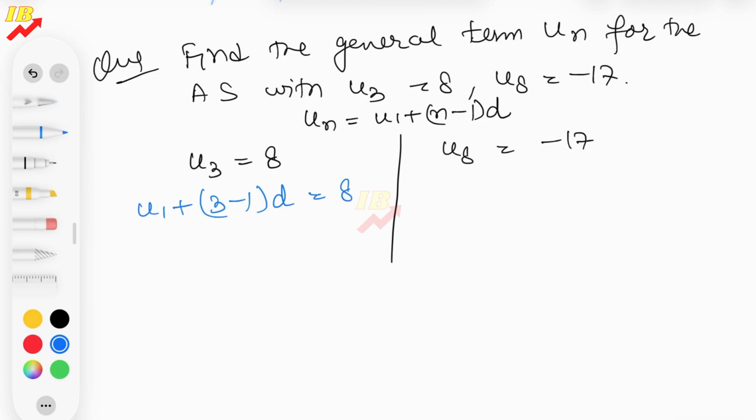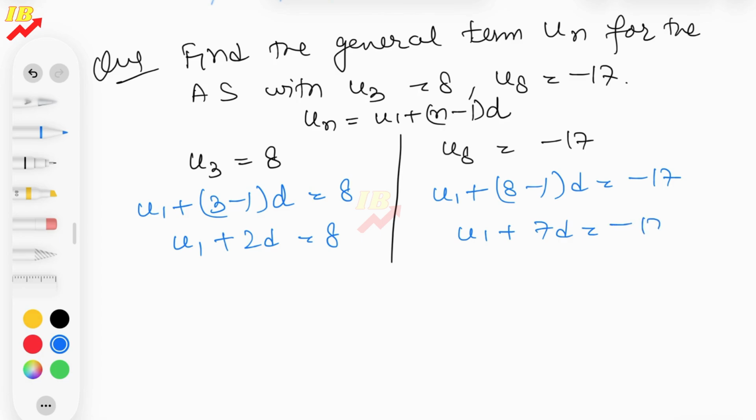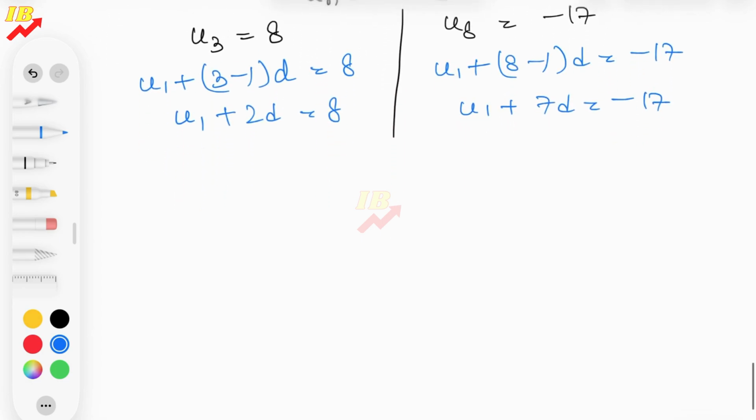Okay, and here it will be u1 plus (8 minus 1) times d is equal to negative 17, which is going to give you u1 plus 2d equals 8, and u1 plus 7d equals negative 17. Now you have two equations. You can easily find the u1 and d value by using simultaneous equations.